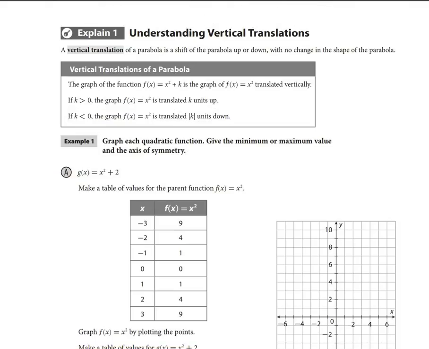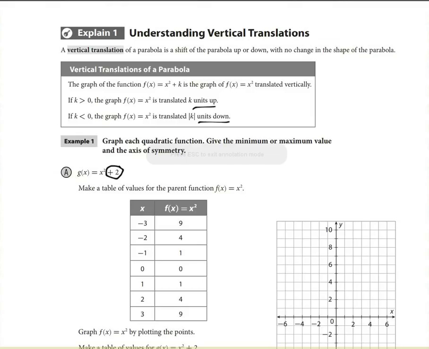Okay, so that makes pretty good logical sense: when k is positive, the graph will translate up, and when k is negative, the graph will translate down that many units. All right, so when you look at this example here, this plus 2 is representing the value of k.